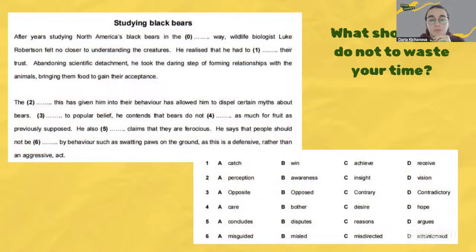And then we have question number 3. We have got opposite, opposed, contrary, contradictory. So we know that in this case, we start our sentence with the word contrary. We know such a linking phrase, and you need to say contrary to popular belief and move on.